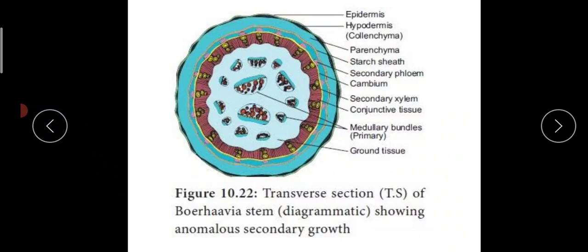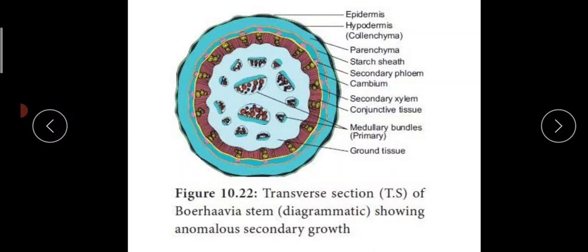Vascular bundles are arranged in 3 rings. The central ones, these two larger ones, are called the central bundles, and then outside that you can see another ring, the medullary bundles, that is the second ring. The number of vascular bundles in the second ring may be around 6 to 14.